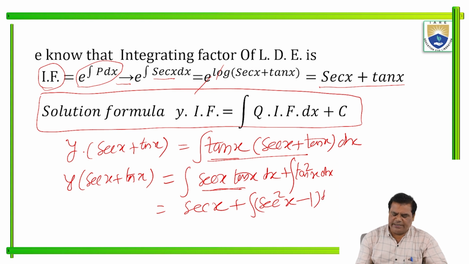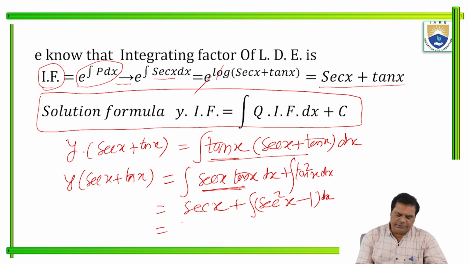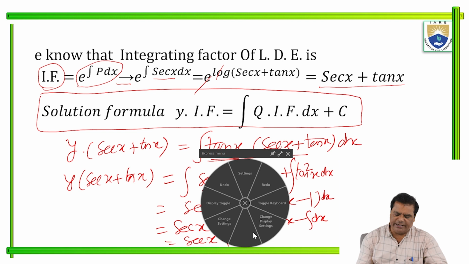Sec square x minus 1. The integration of sec x tan x is sec x, and plus the integration of sec square x dx minus dx. So the integration of sec square x is tan x.